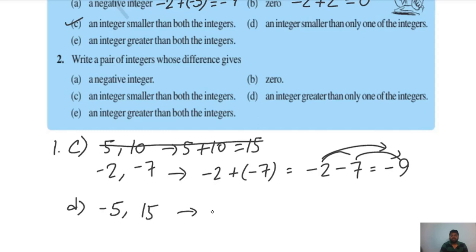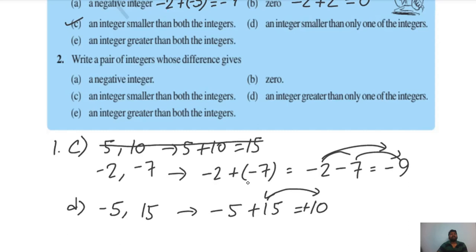So we get minus 5 plus 15, then we get 10, and this is the sum, and this is the integer smaller than only one of the integers, that means smaller than 15, but it is greater than minus 5. Okay, so this is the trick of this magical maths.